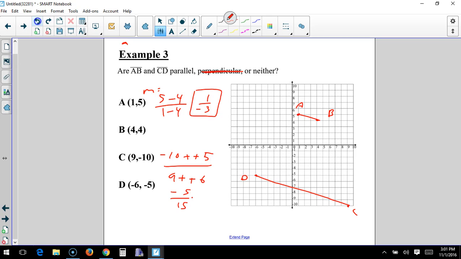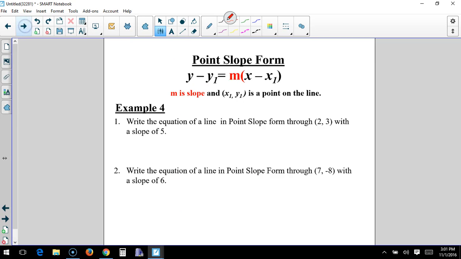But that reduces to negative 1 over 3. Again, it doesn't matter where the negative is, as long as they're top or bottom, and those are both negative slopes of 1/3. And if you look at it, they're both going downhill. So these lines are parallel.